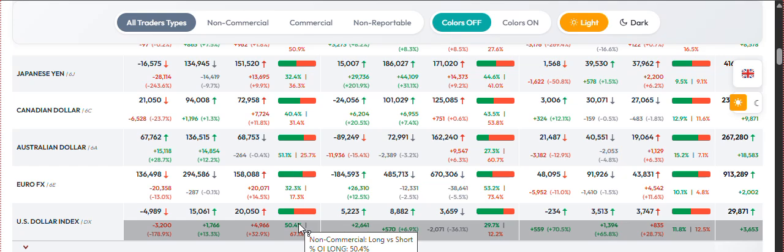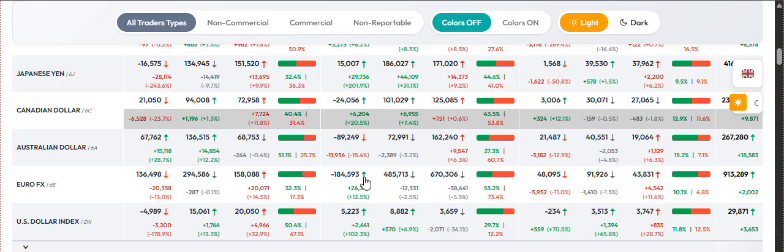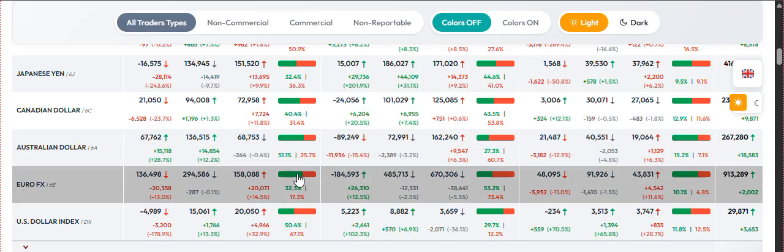And due to what is happening, you know that over time the longs would increase over the shorts. The euro is also still strengthening, and for now it has a lot of buys.